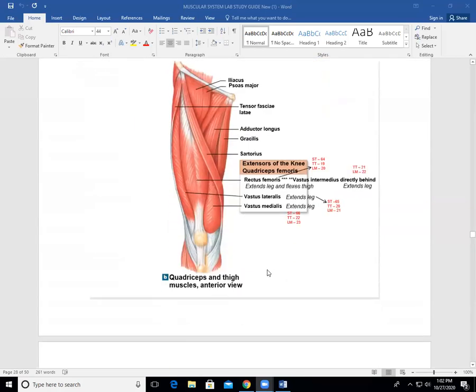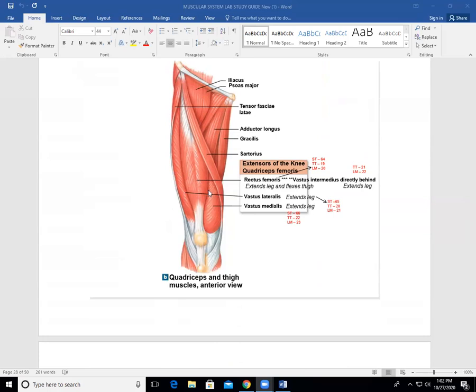All right, so we've seen a lot of these already. The sartorius, adductor longus, the gracilis, iliacus, and psoas major, rectus femoris, and it extends the leg.